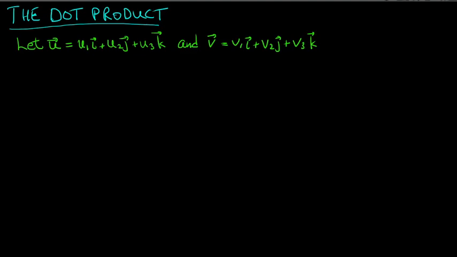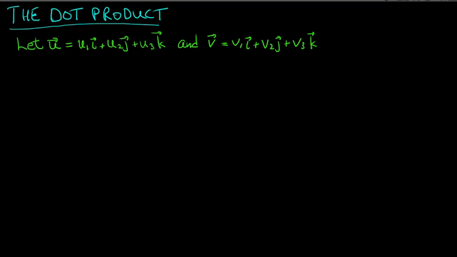Okay, so now we're ready to talk about the dot product, which is one way to multiply two vectors. So we have two vectors, u and v, given in their component form. Right?